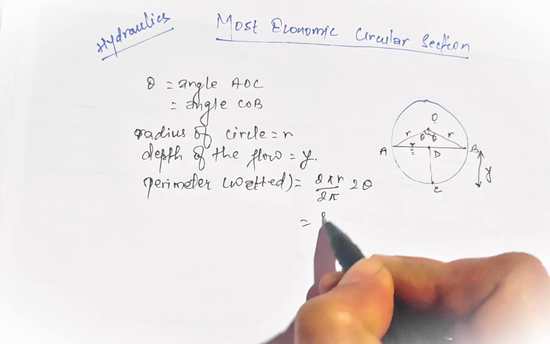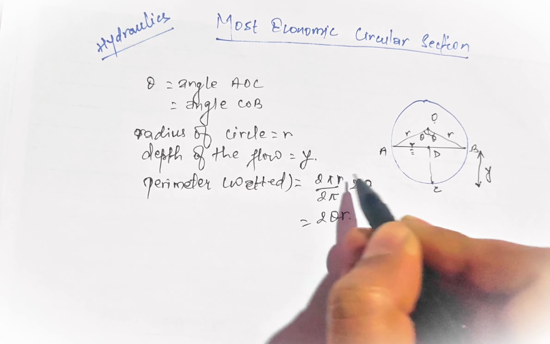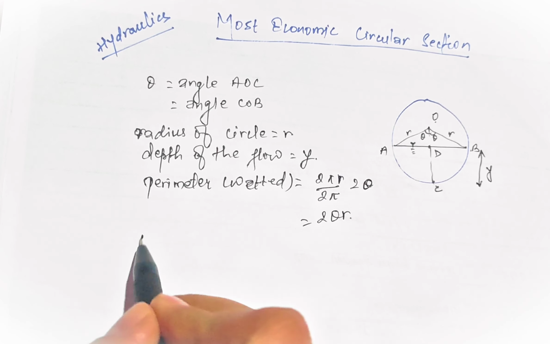This can be simply twice theta r. This is theta, this one is r.